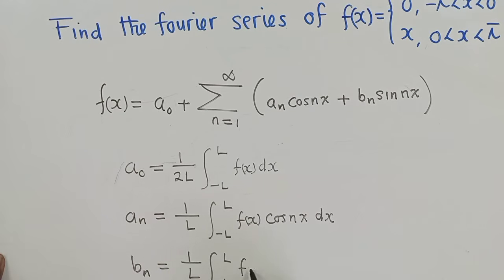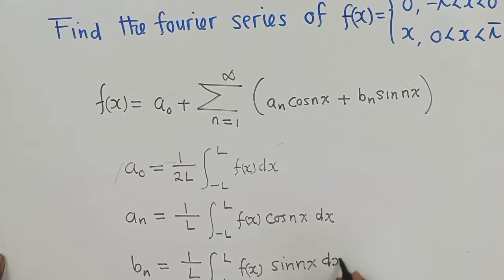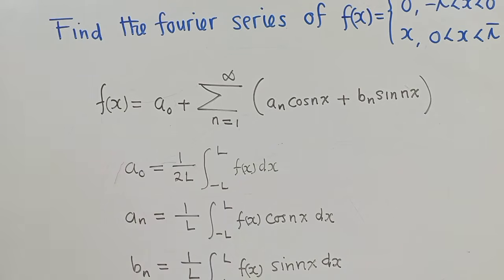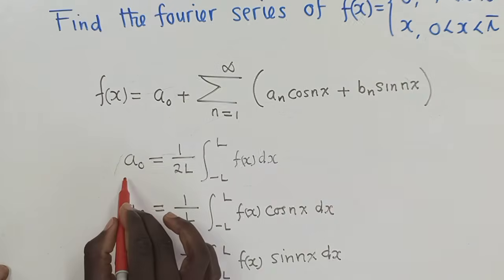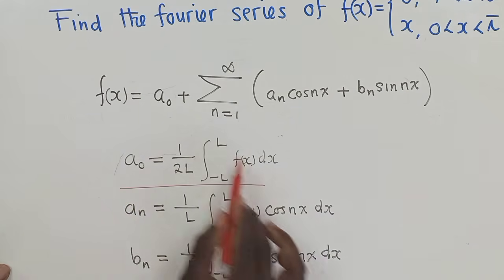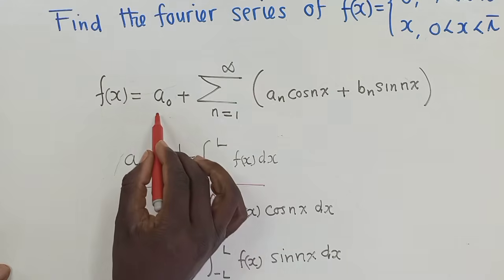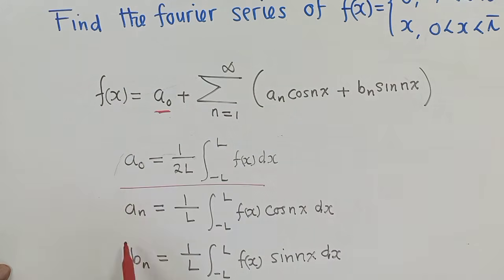So these two formulas are similar. The only difference is right here where there is cos and the sine. So these are the formulas that we basically need to know. So let me just talk a little bit about the formulas. The first one here will help us find the coefficient that we're supposed to put here.